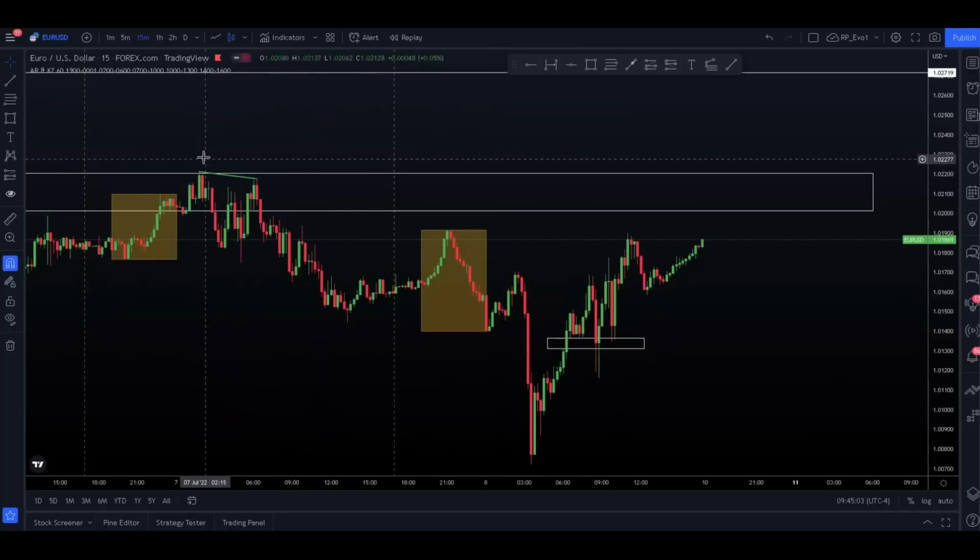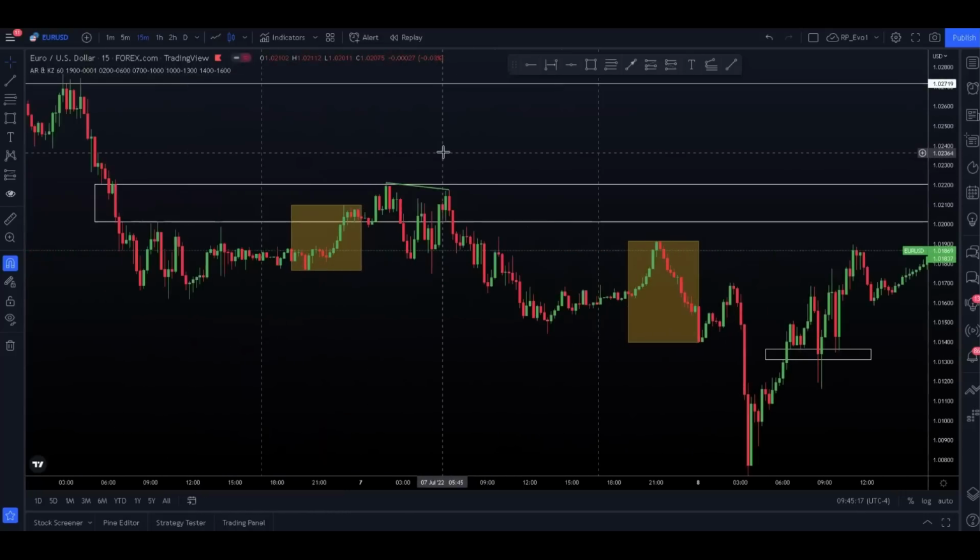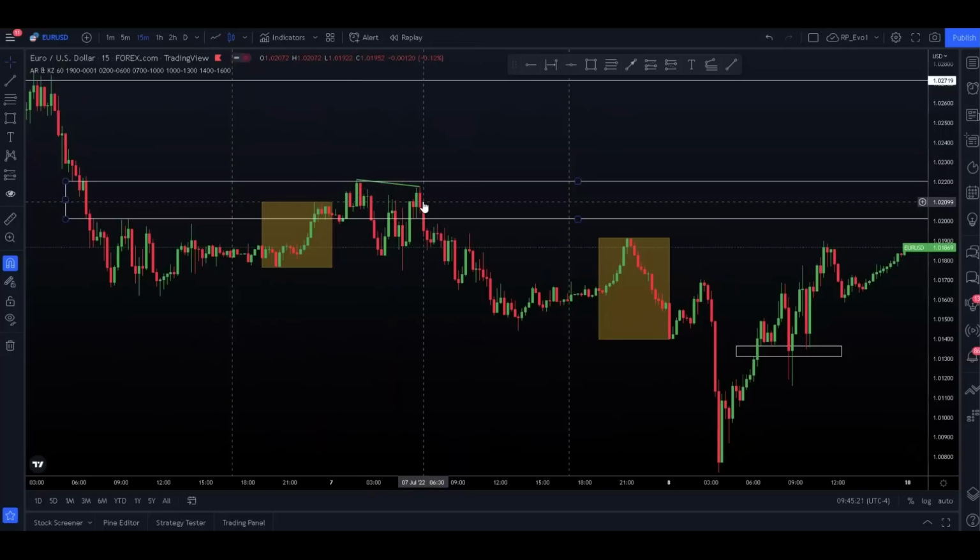So this was pretty much London session, and this high was already coming into the New York session. It took 4 hours to establish this high. That's what I'm looking at in terms of how long it takes price to establish certain patterns. So 4 hours is a significant amount of time.